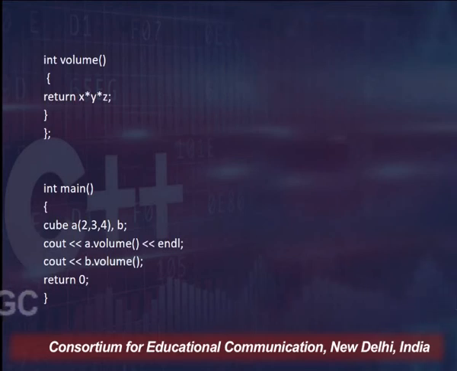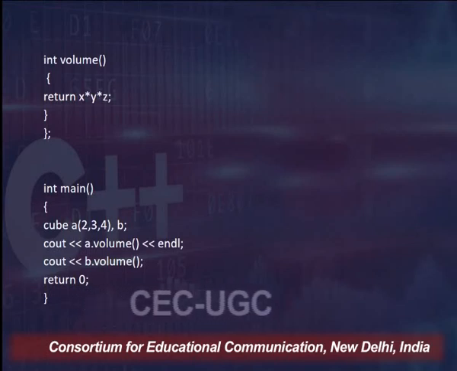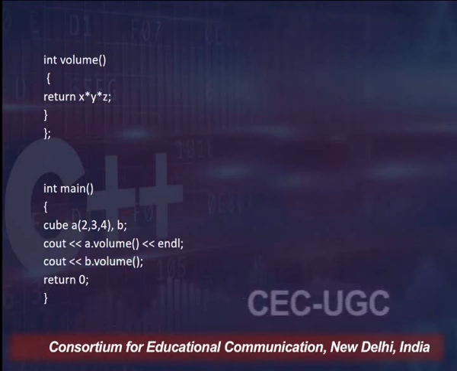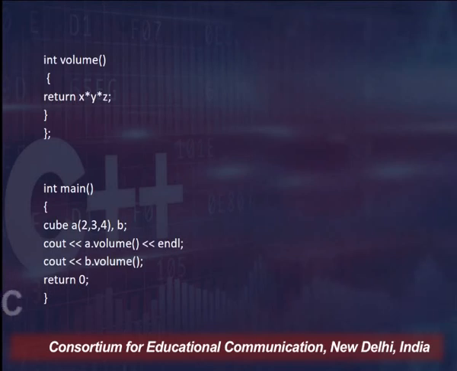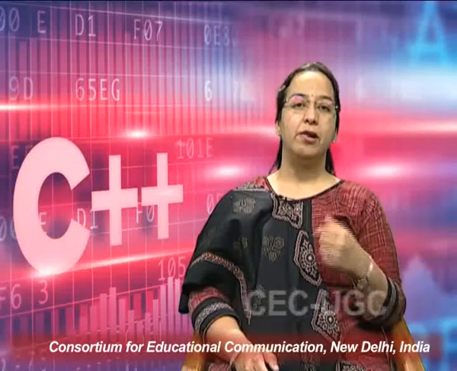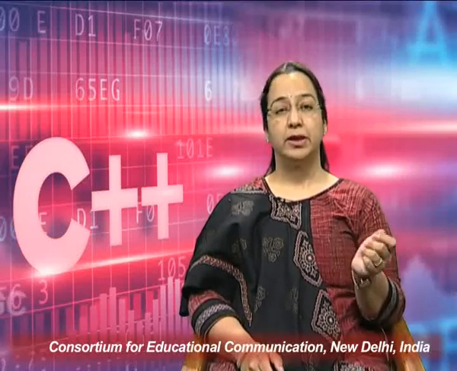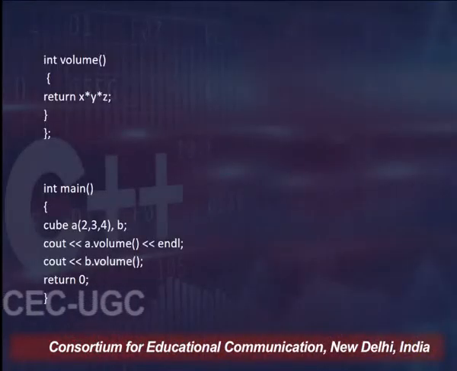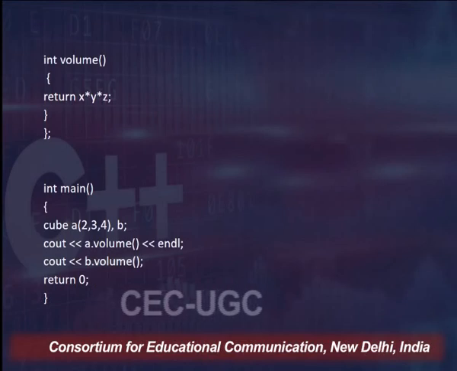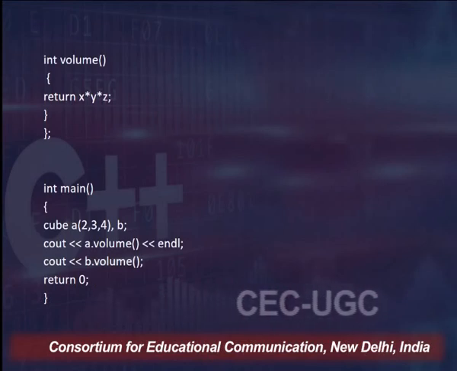The constructor is effectively overloaded: when there is no parameter passing, the default values of the variables are taken, and whenever there is parameter passing, those values replace the defaults. So A.volume() gives me 2 into 3 into 4, which is 24, and B.volume() gives me just 0, because in this situation the default parameters are in effect.